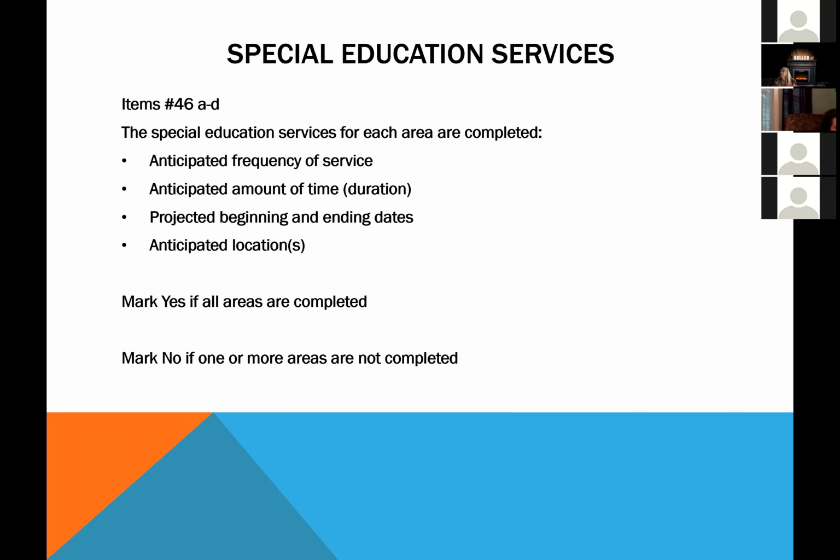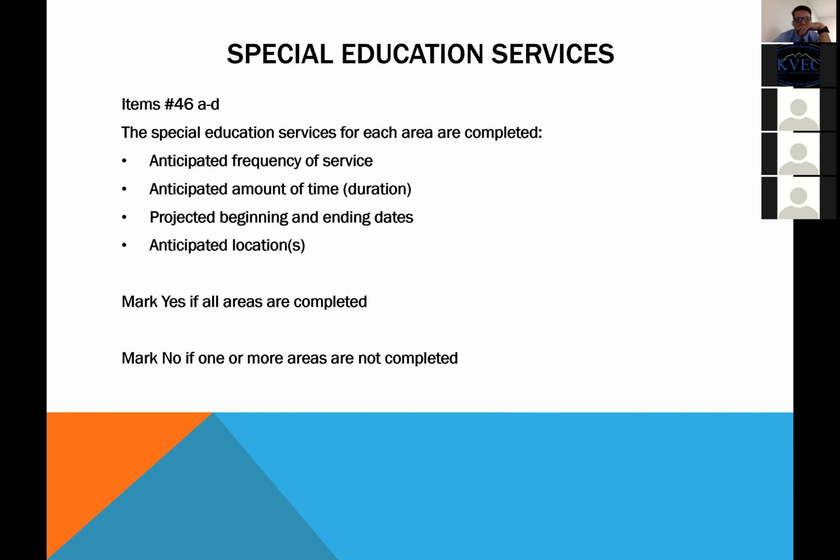Now we're looking at your special education services, in which the LRE and the conference summary are the placement, and the LRE in your IEP, and of course your special education services, they all must align. So they all have to say the same thing. So 46A through D, the special education services for each area are completed.